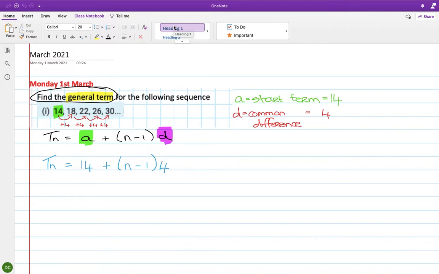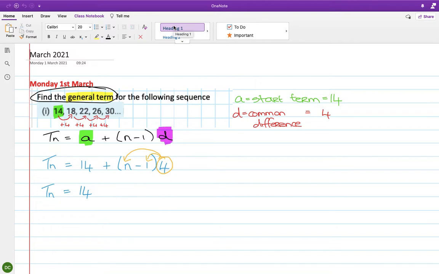We now look at this multiplication. The bracket here means that the 4 is being multiplied by the n, and the 4 is being multiplied by the 1. So Tn equals, the 14 is not part of that multiplication, so we just write it down.